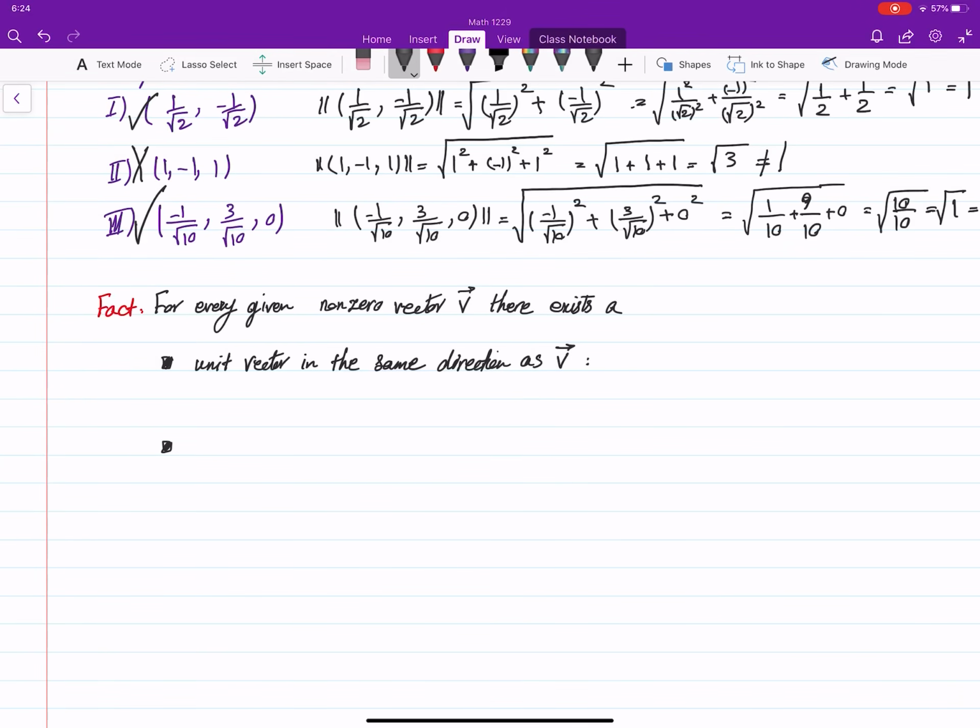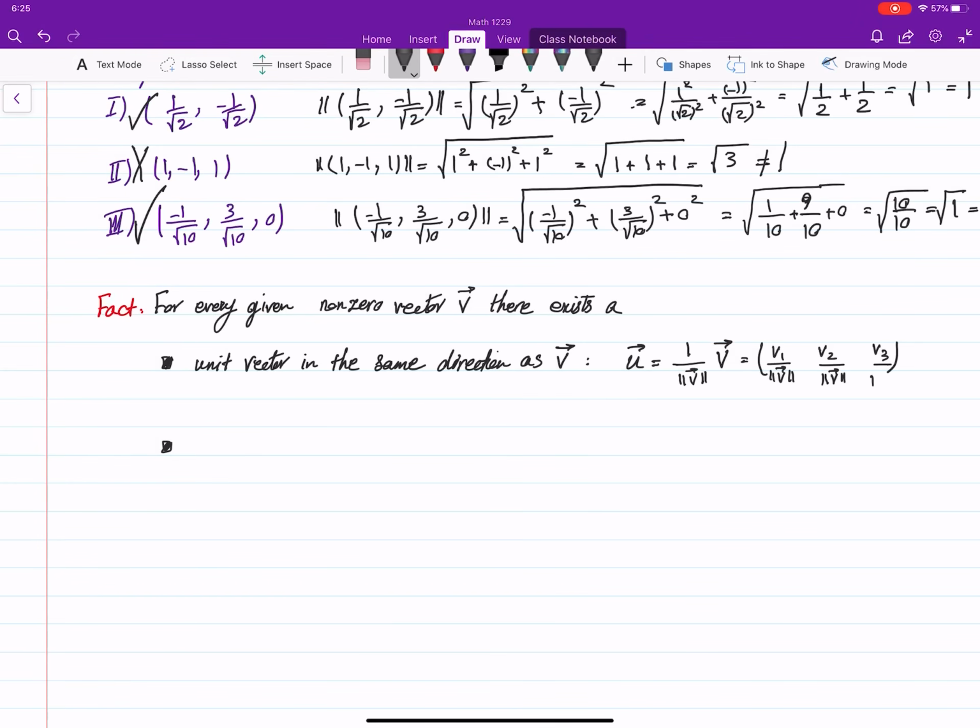You first find the length of v, and then 1 over the length, which is a number, you scalar multiply by the vector v itself. It means that if v has three components, v1, v2, v3, you multiply 1 over the length of v to each component.